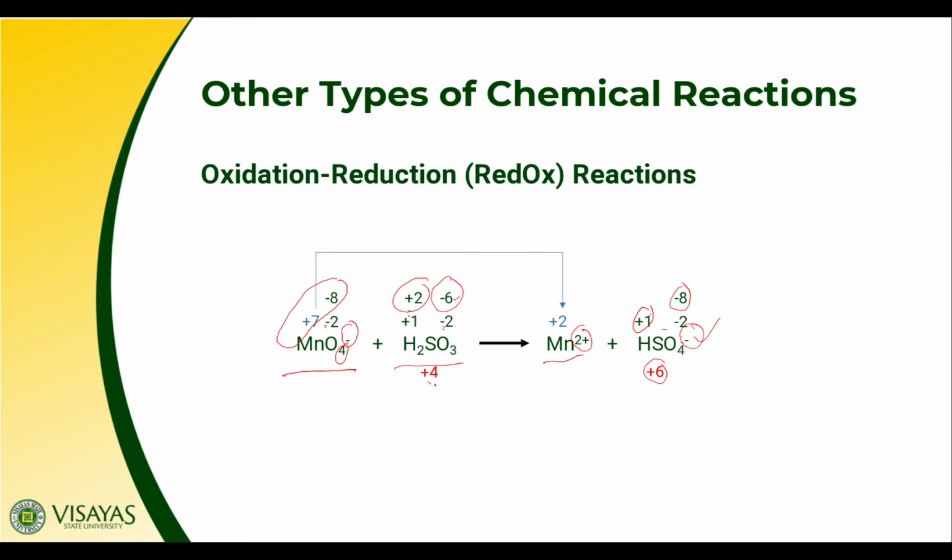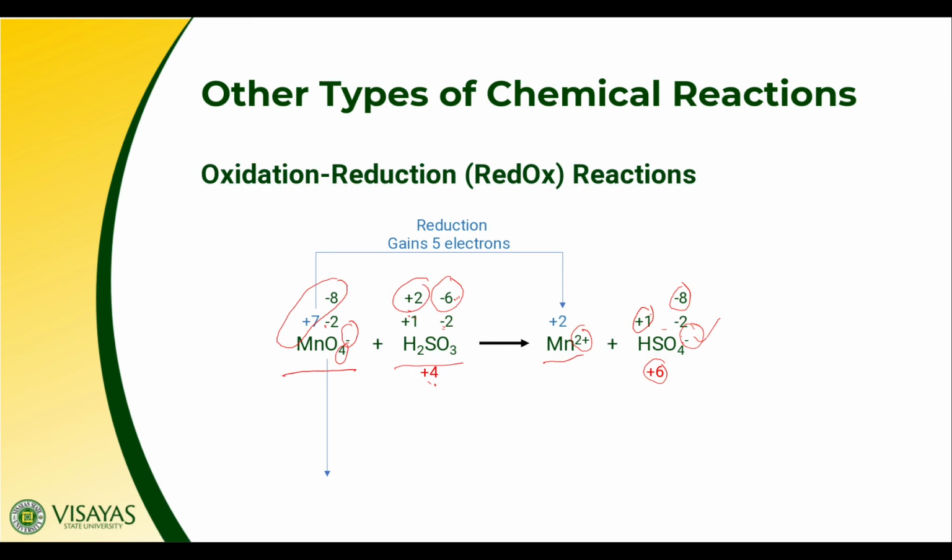For manganese, it has been reduced from positive 7 to positive 2. So we have a gain of electrons. No? When the oxidation number is decreased, that means electrons are being gained, because electrons are negatively charged. So of course, the oxidation number should decrease. And in the process, there is reduction. So when the oxidation number is decreased, we have reduction, we have a gain of electrons.